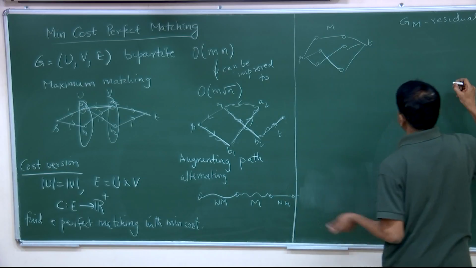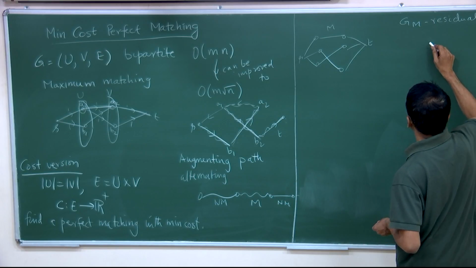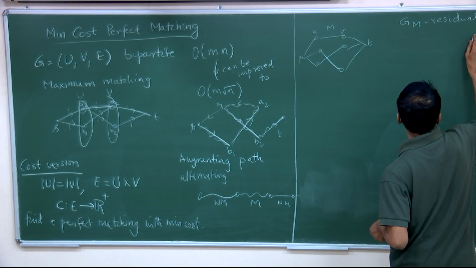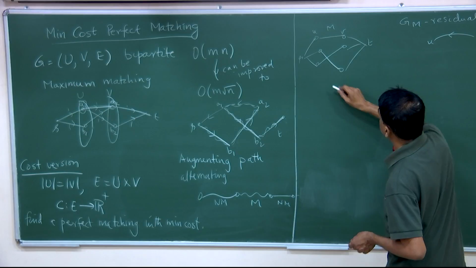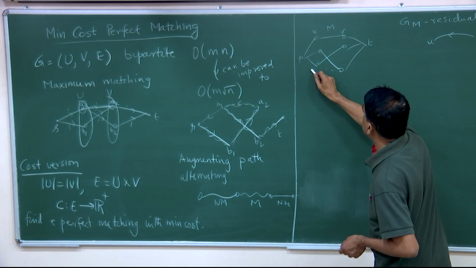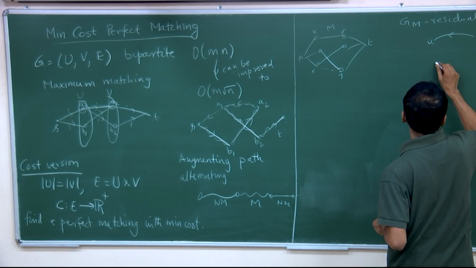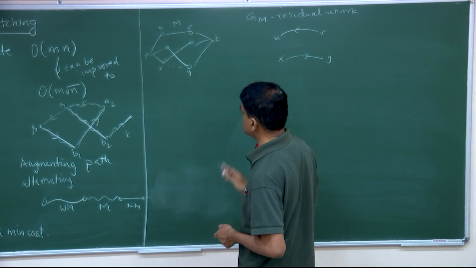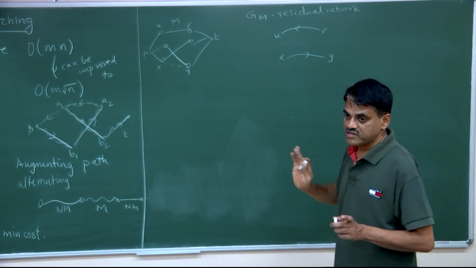Whenever I have an edge UV in the matching, I will have VU in the residual network, and whenever I have a non-matching edge, I will have XY like this in the residual network. Okay. Similarly with S and U.